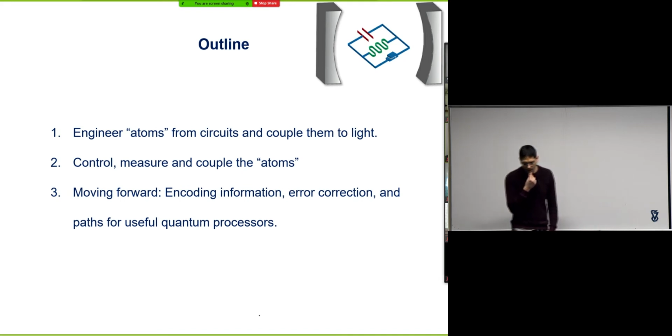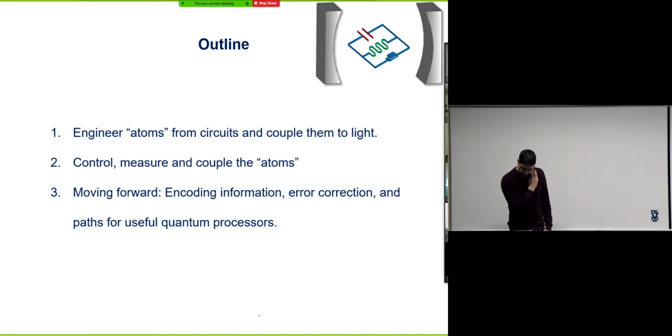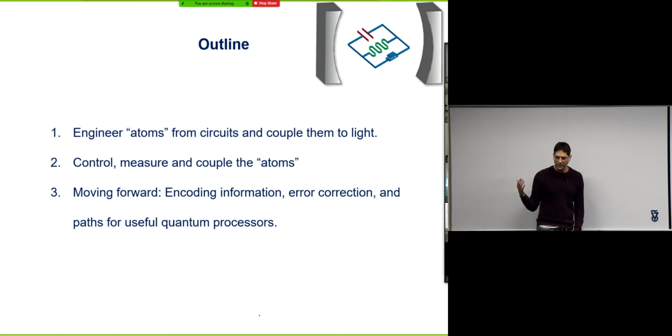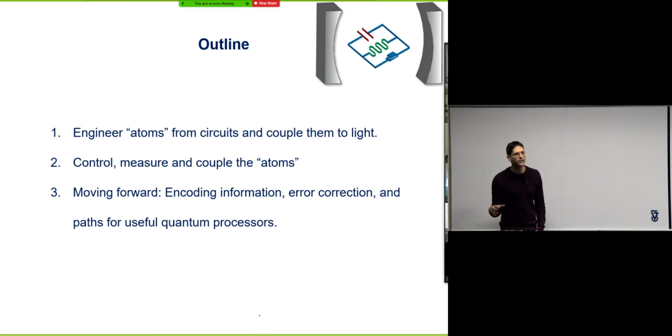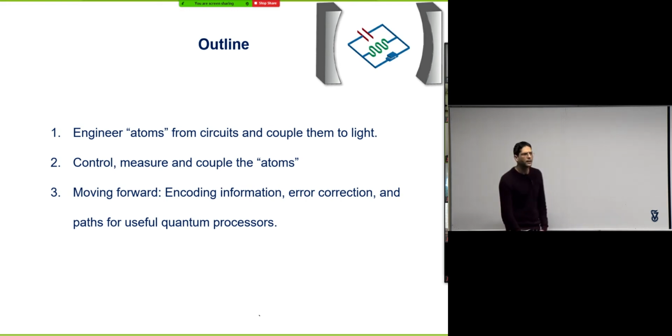Last time we started talking about how to engineer atoms from the circuits. This is the core of the thing, and coupling them to light. We didn't get to coupling them to light, but today we'll couple them to light, control, measure, and couple the atoms between them, and hopefully discuss how to encode information processing, and how you see this platform as realizing some quantum computer, maybe.